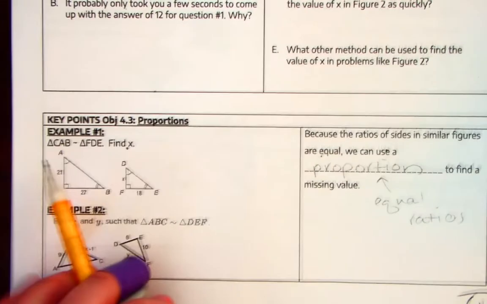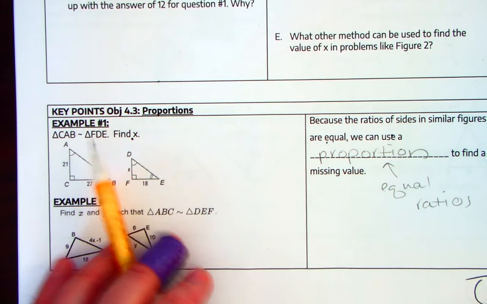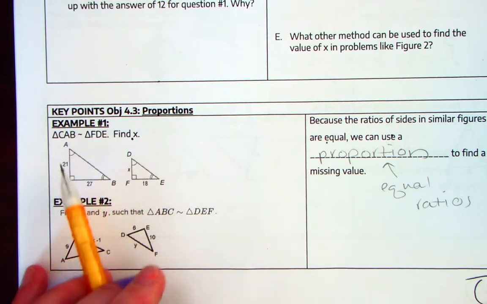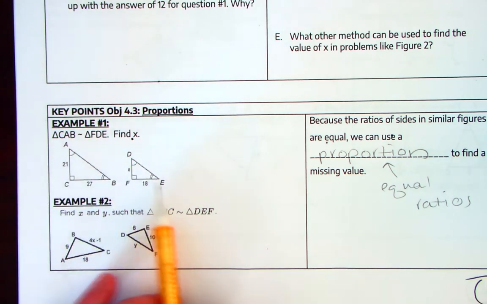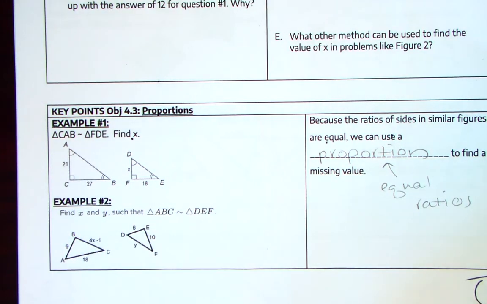So, for example, if we have triangle CAB being similar to triangle FDE, and we want to find X, right? We know the corresponding angles are the same. That's already marked. And we know our corresponding sides are proportional.